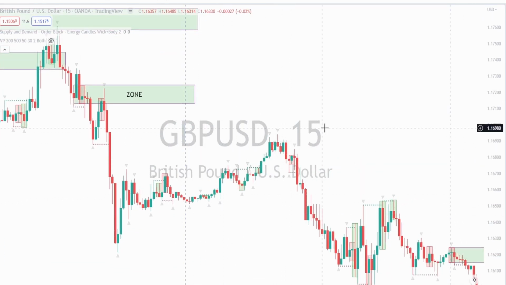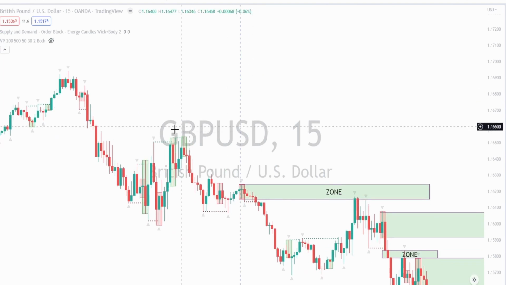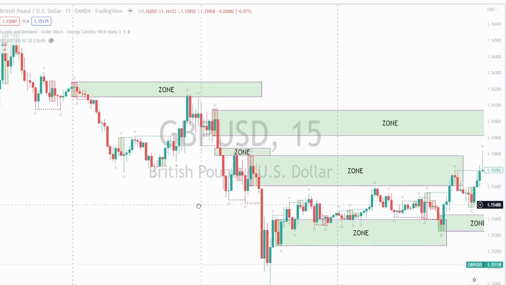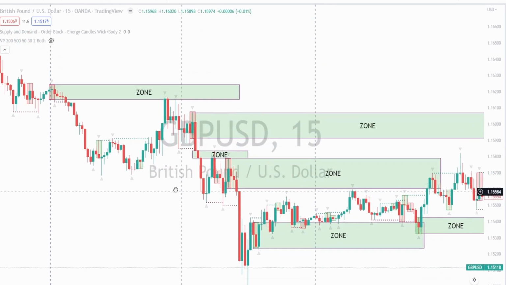But price hasn't come back up to that. Now we can see it keeps going down. There we go again. Price comes into it. Pushes away. Another area. And you can see we just keep repeating this over and over again.